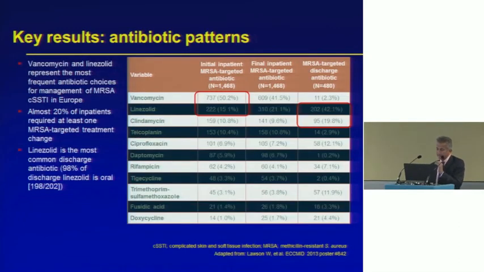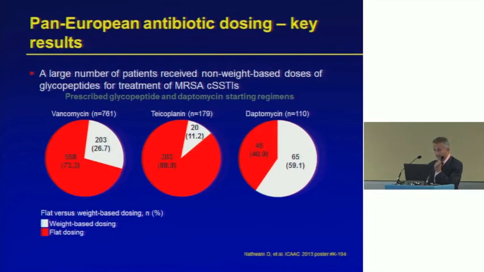The key bit is, can you de-escalate in light of microbiology? This is European data that shows that the majority of patients who come into hospital, and if MRSA is suspected or proven, will either get a glycopeptide, vancomycin, or around a quarter may get linezolid.